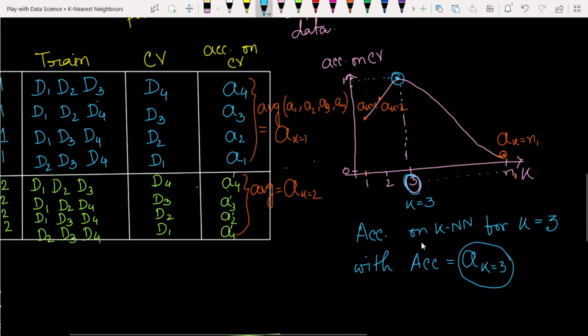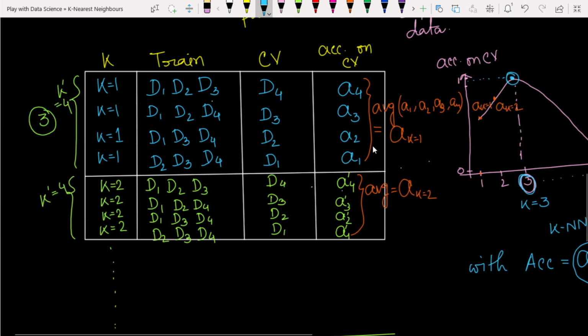So for knn, for k is equal to 3, with accuracy for k is equal to 3 being the maximum, we have taken this picture.